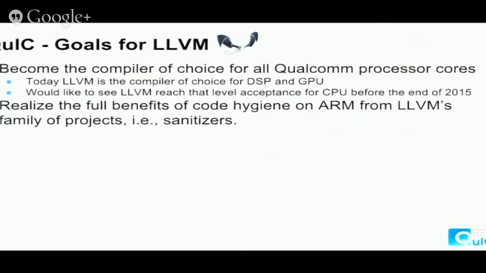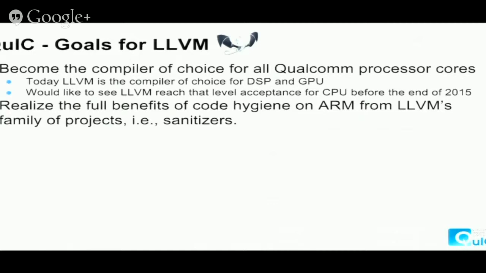So at Qualcomm, LLVM is very important, and we really want to make it the compiler of choice for all processor cores. Today, for the DSP and for the GPU, an LLVM-based compiler is the default. And we would like to see the CPU have that same level of acceptance by the end of next year.